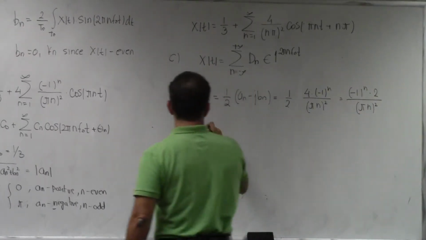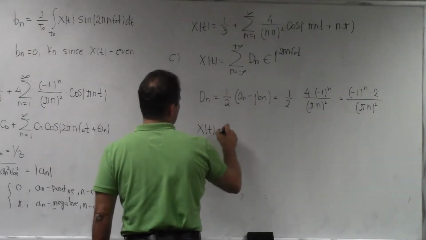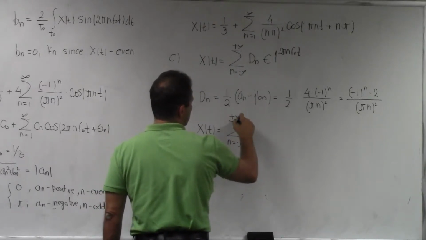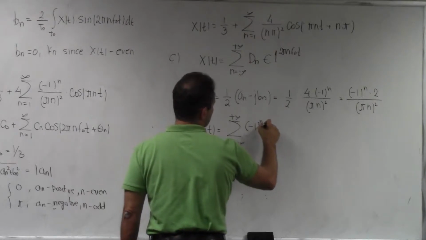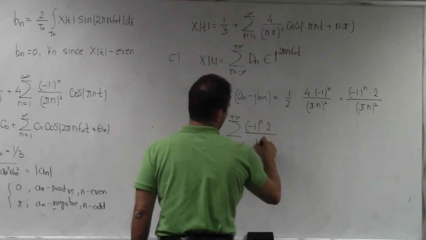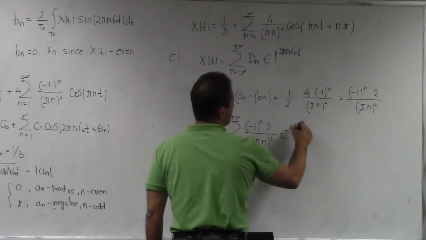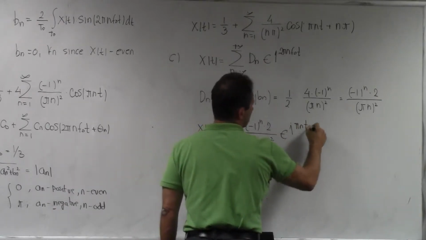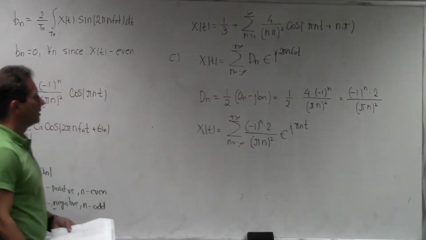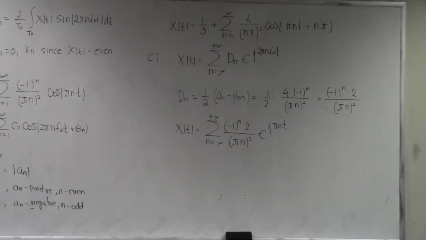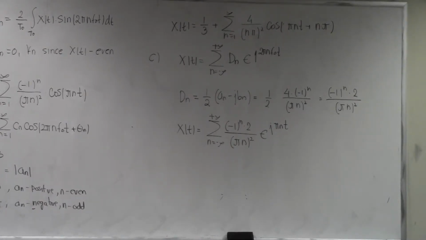And our series here becomes x of t equal to the sum when n goes from minus infinity to plus infinity of minus 1 to the n times 2 over pi n squared e to the j pi n t. So this is our exponential form associated with this waveform here.